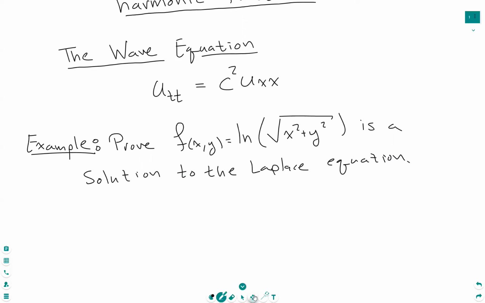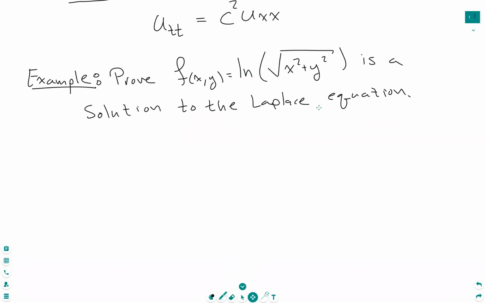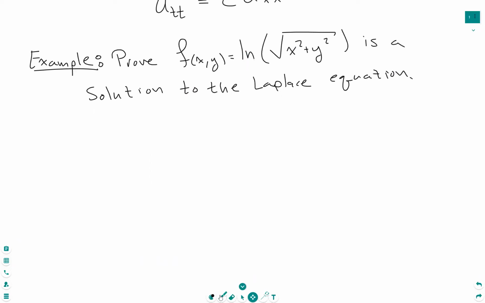We're not asked to solve the Laplace equation. We're just given this and double checking to see if it is a solution. So that means, does it satisfy the PDE? Can I plug this in?